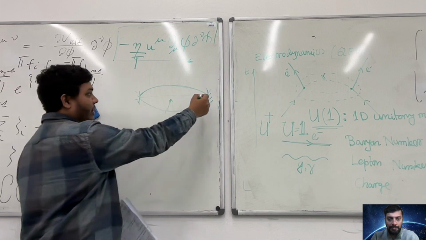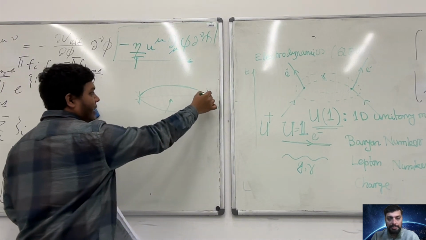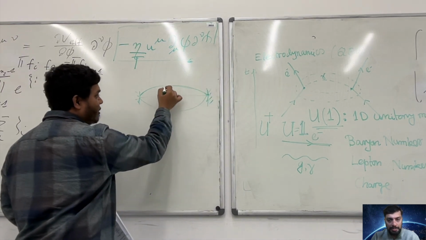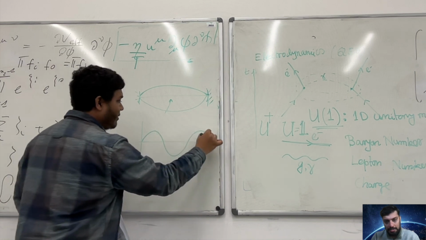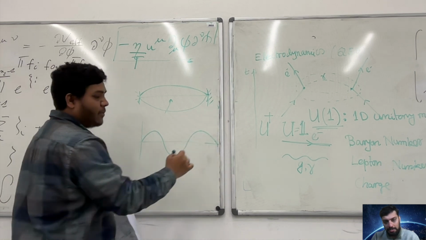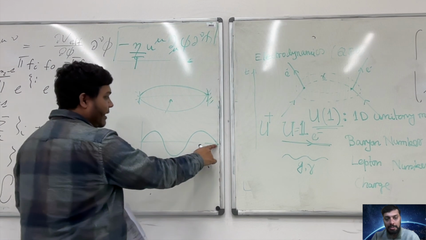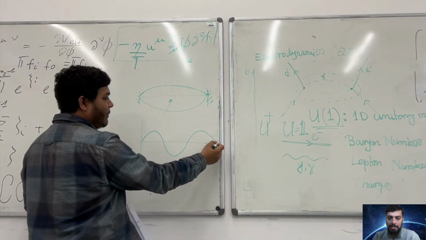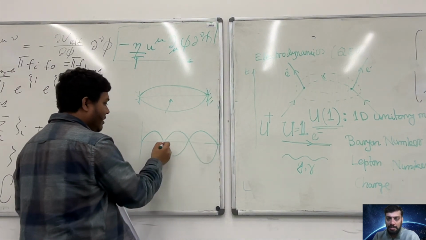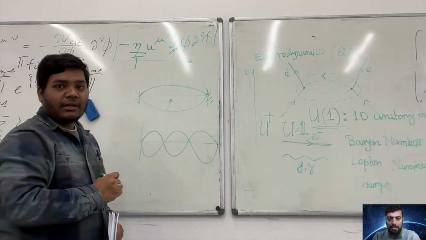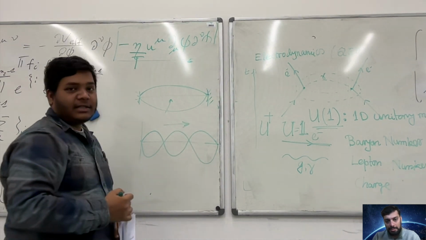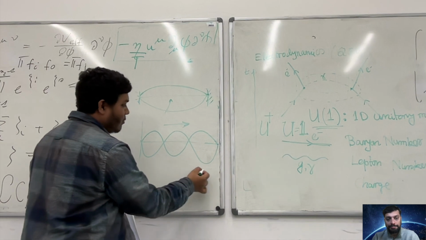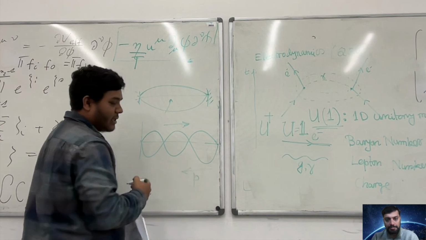If I try to draw the wave, one wave reaches this point, and then the wave moves back in this way. In one case your momentum was in this direction, and in the other case in this direction.